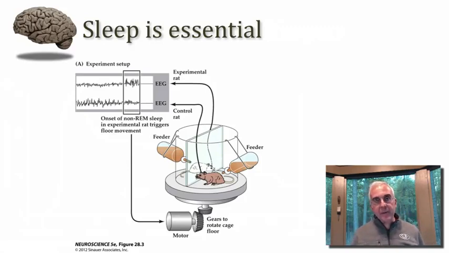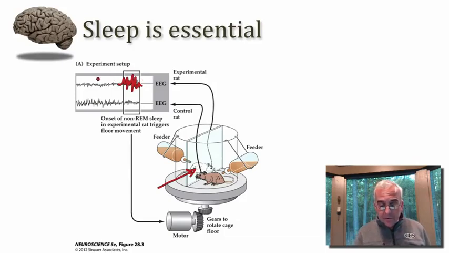Now, this turntable is triggered by high amplitude brain waves that are recorded from the experimental animal. And the experimental animal is this guy back here, this white mouse. And so whenever this mouse starts to fall asleep, we'll describe this in a little bit, there's a marked increase in the amplitude of this animal's brain waves.